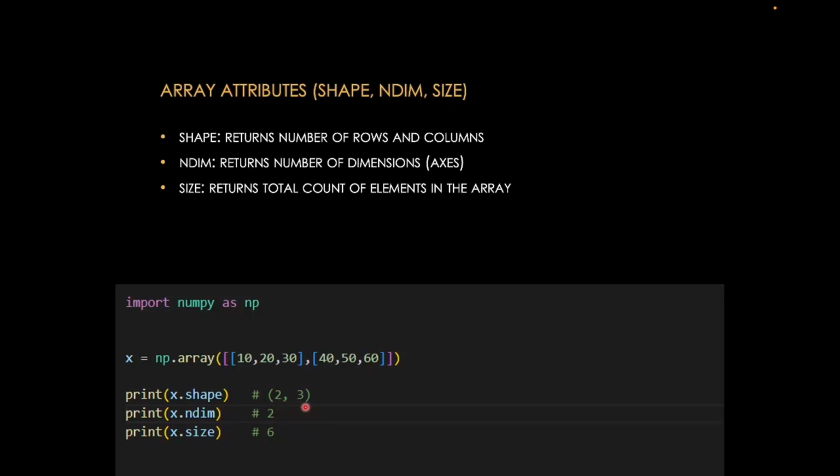If we want to find out the dimension of x, then we can say ndim. Shape will print 2, 3, whereas dimension will print that it is a two-dimensional array. And size will count the total elements and print it.